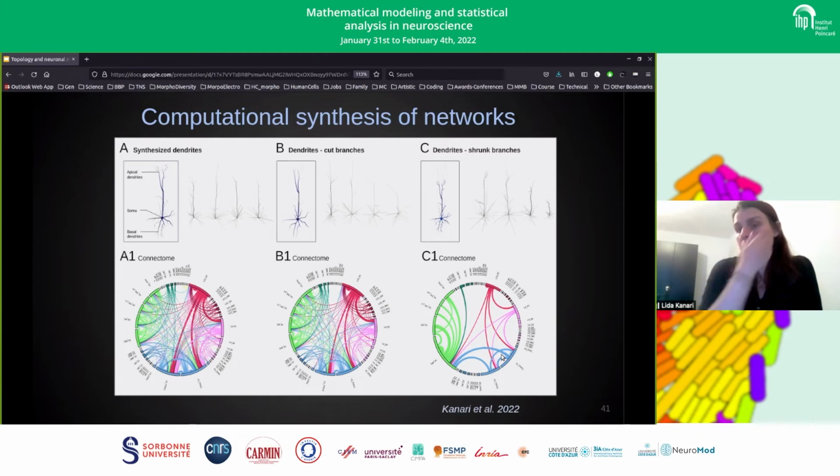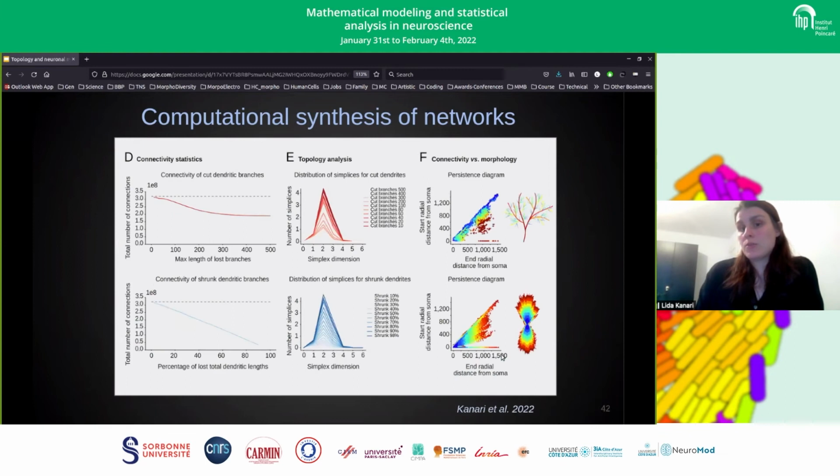So the shrinking of the branches was motivated because in many stress disorders, what they observe in biology is that the branches retract quite a lot close to the soma. So this could potentially explain how the networks collapse, based on the changes of single dendrites.